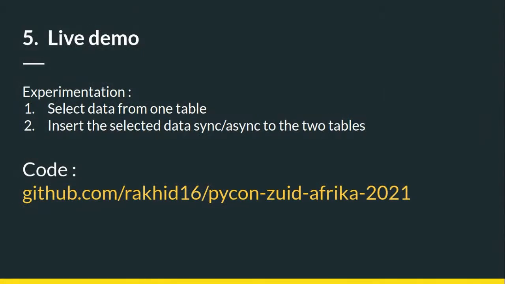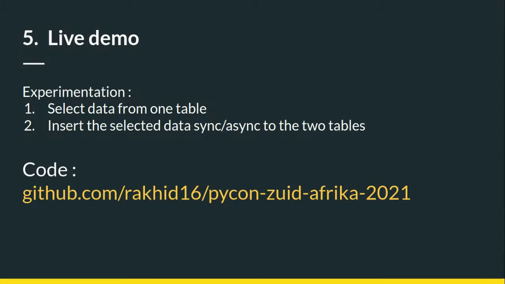So I will make an experiment performing a database operation in synchronous code and asynchronous code. First, I want to select data from one table, and then I insert the selected data, with synchronous or asynchronous processing, into two tables.